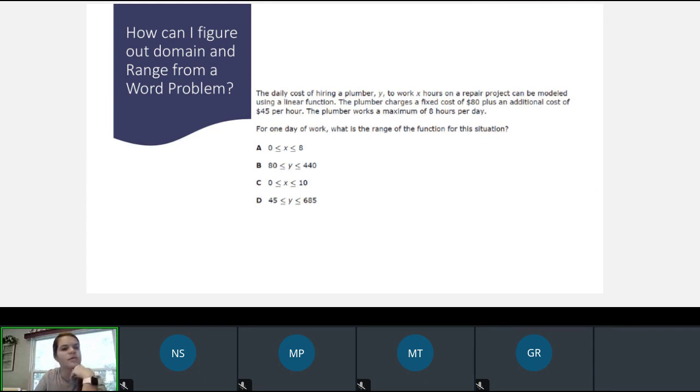So fixed cost means you're going to get charged $80 per day, plus the additional cost of $45 per hour. So let's write out what that equation would look like. We would have Y equals $45 per hour, so 45 times X, plus the $80 fixed cost.